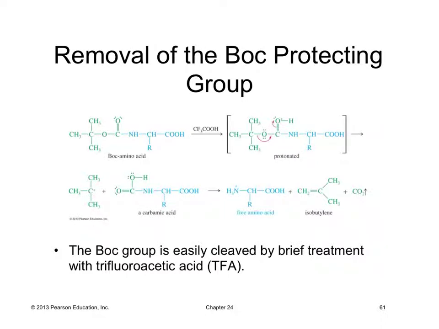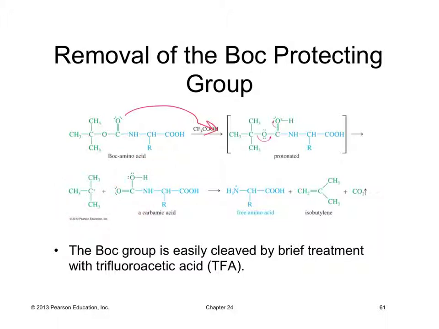You can remove the Boc protecting group by treating it with trifluoroacetic acid. In trifluoroacetic acid, you're going to essentially protonate your carbonyl over here. Once that's protonated, you then have electrons move, right, to generate the tert-butyl, the acid, right?